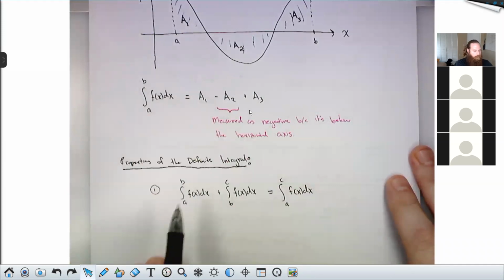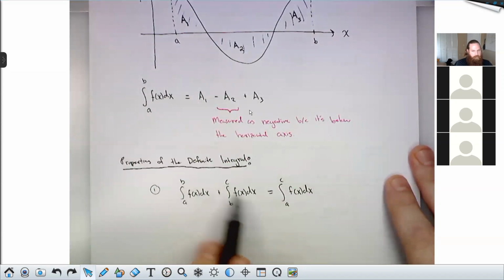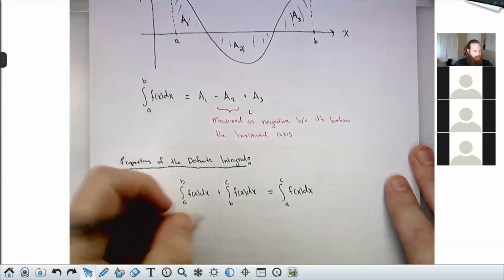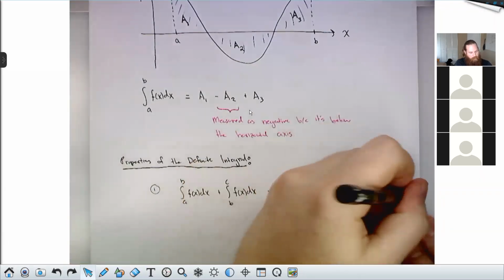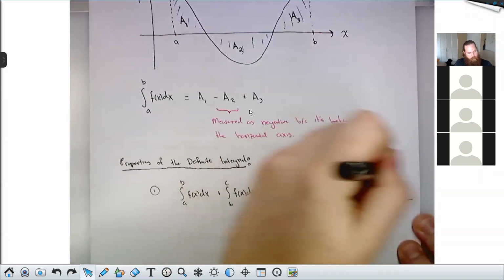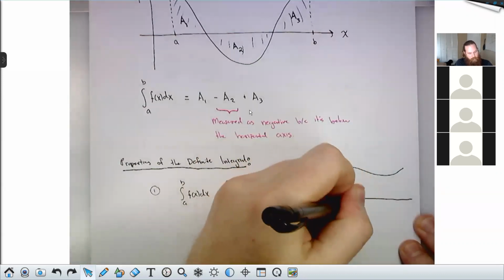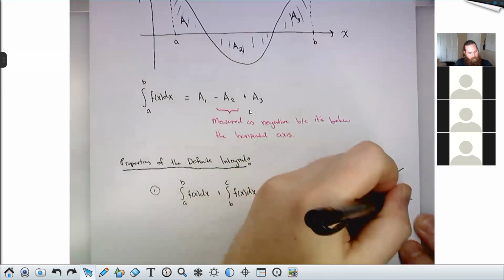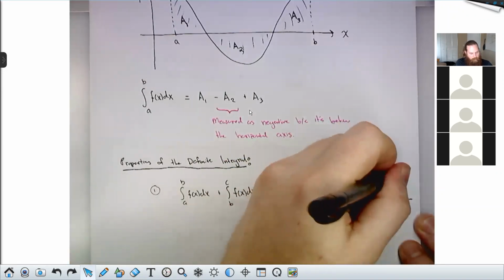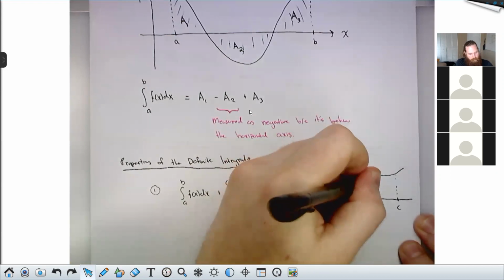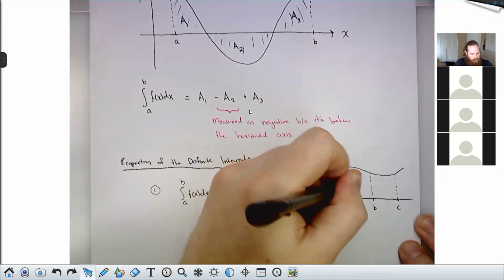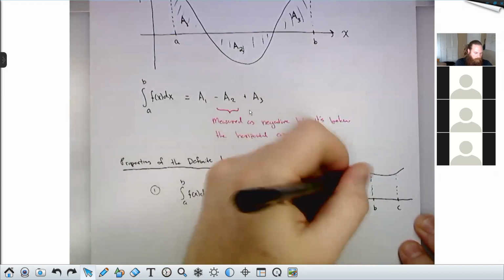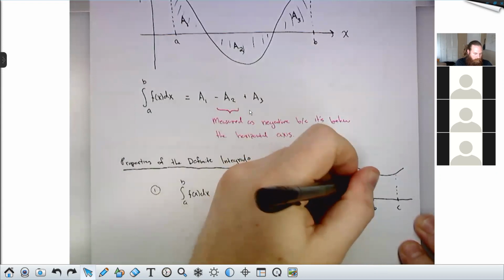So if you look at the area from a to b, and you add that to the area from b to c, that is the area from a to c. The picture that goes along with this, very intuitive. I'll draw it over here. And I'll draw it with f of x being positive. This is the integral from a to b of f of x dx.